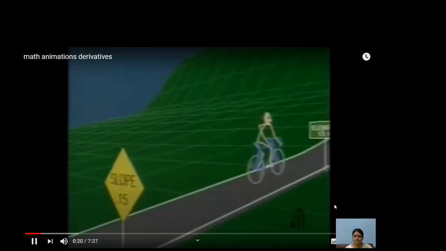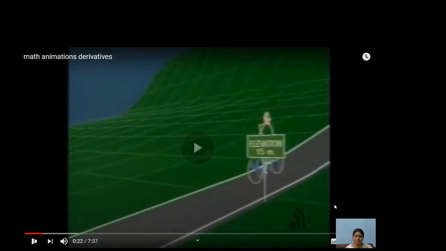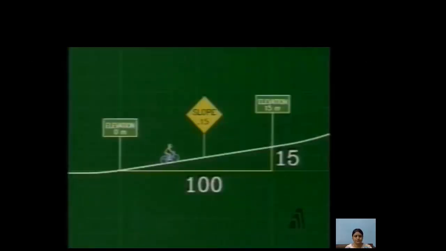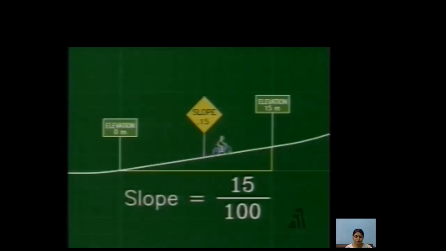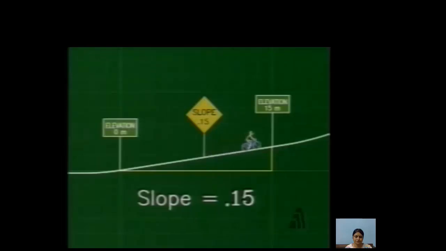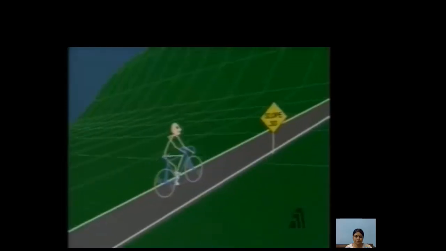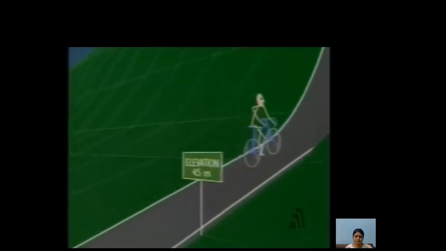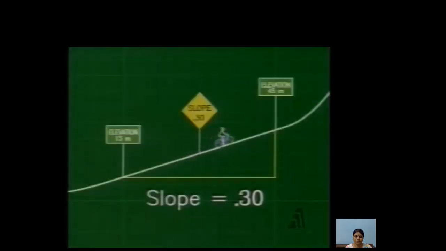For example, suppose the elevation of an incline increases 15 meters every 100 meters. The rider moves upward 15, horizontally 100. The slope is 0.15. A hill with a slope of 0.3 is twice as steep as one with a slope of 0.15.